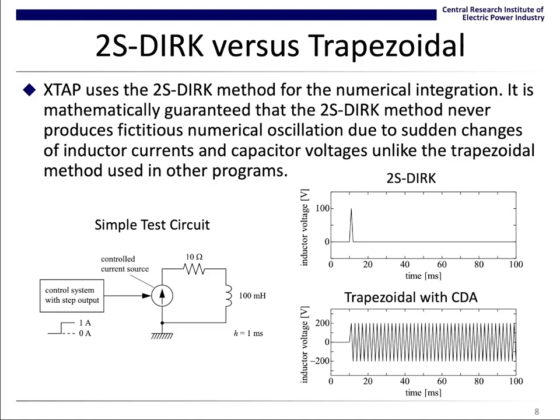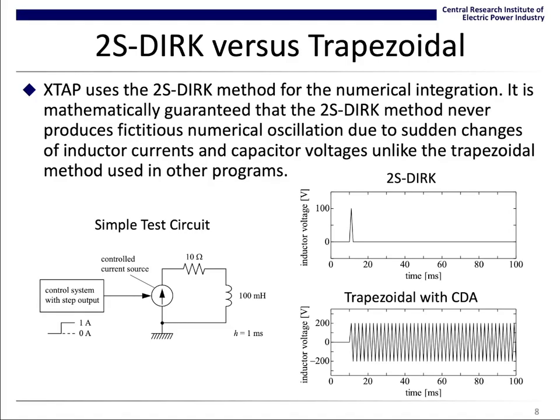XTAP uses the 2S-DIRK method for numerical integration. It is mathematically guaranteed that the 2S-DIRK method never produces fictitious numerical oscillation due to sudden changes of inductor currents and capacitor voltages, unlike the trapezoidal method used in other programs.